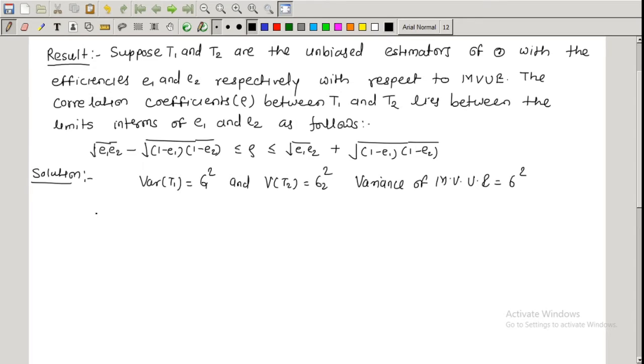So E1 is the efficiency of T1 with respect to the minimum variance unbiased estimator. So E1 has the formula sigma square divided by sigma 1 square, and E2 is the efficiency of T2 with respect to the minimum variance unbiased estimator. So the formula for E2 is sigma square divided by sigma 2 square. Correct?